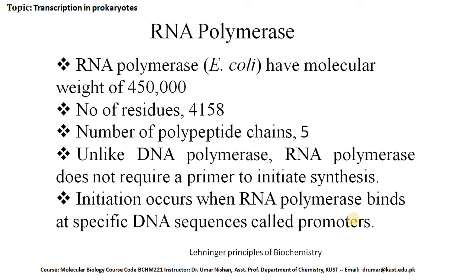So this is why in reality the process of transcription occurs very close to the region which has to be transcribed, and RNA polymerase is helped by a region called promoter. So RNA polymerase binds at specific DNA sequences that are called promoters.